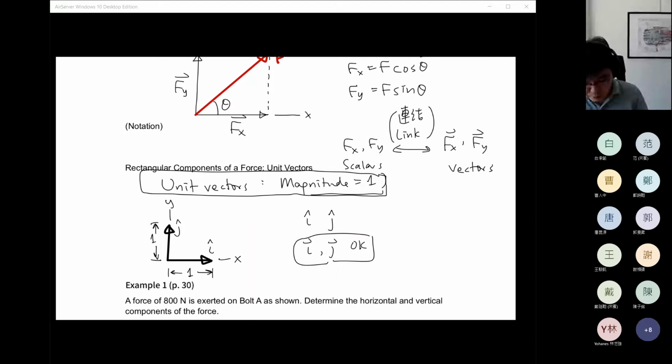Therefore, if we have these 2 unit vectors, they have directions, one along x direction, one along y direction, but their magnitude is equal to 1. Therefore, F is equal to Fx i plus Fy j, and of course this one equals to Fx, and this one is equal to Fy.